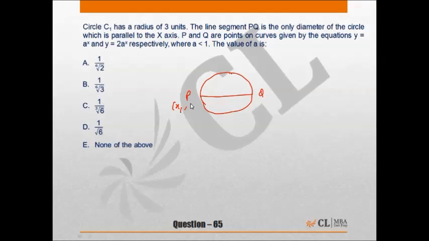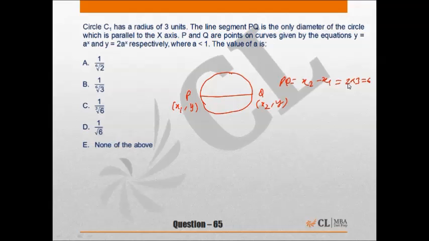So let their x coordinates be x1 and x2 and the y coordinate be y, and we know that PQ is the diameter, so PQ will be equal to x2 minus x1, and this will be twice the radius of the circle, so 2 into 3, that is 6.